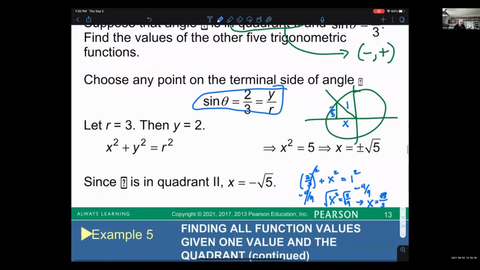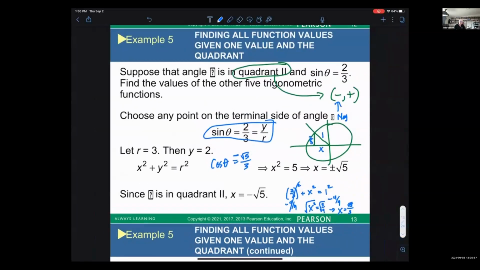So what that then tells me is that cosine of that angle would be the square root of 5 over 3. And because it's in quadrant 2, I know that's going to come out to be negative, because all the cosines are negative here. So we use a little right triangle to figure out how big the missing side is, and we use which quadrant the angle is in to tell us the sign of that coordinate.